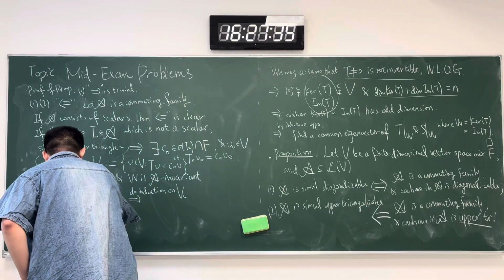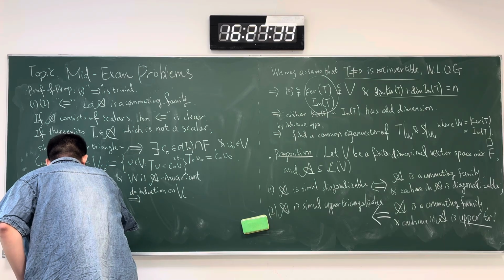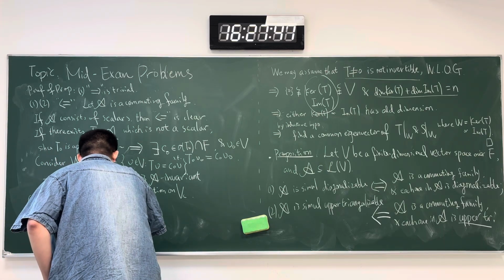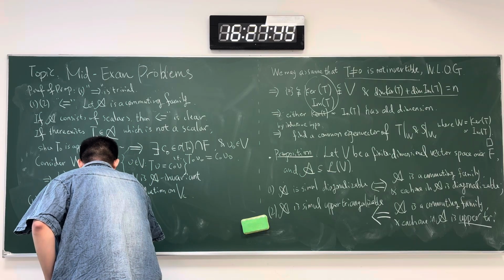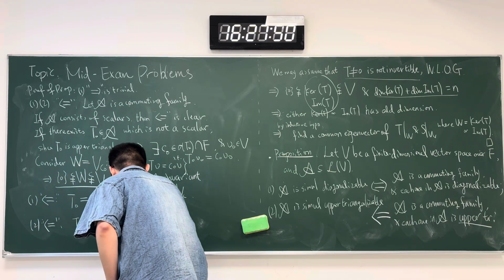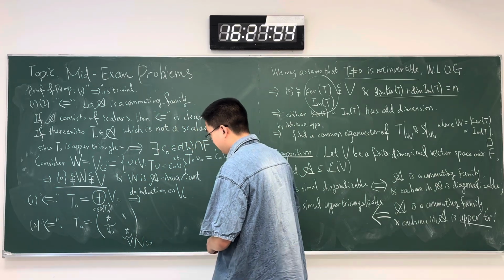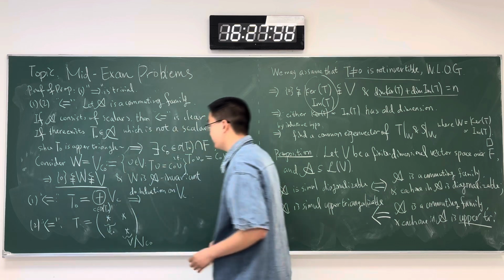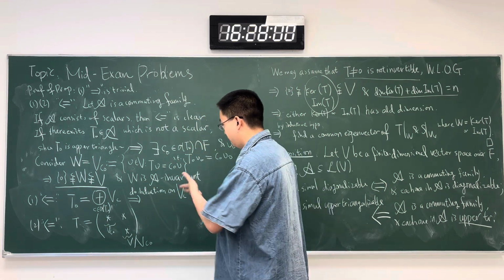So T0 will be of block upper triangular form, where one block corresponds to V c0 and the other corresponds to V quotient V c0. And actually, all linear transformations in this family A are of this form.